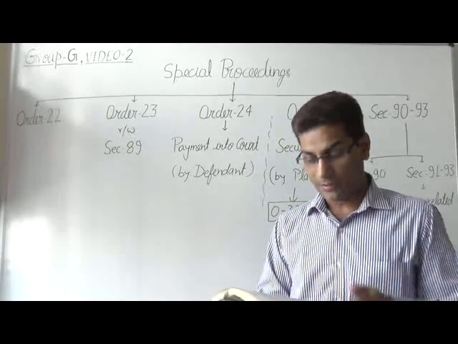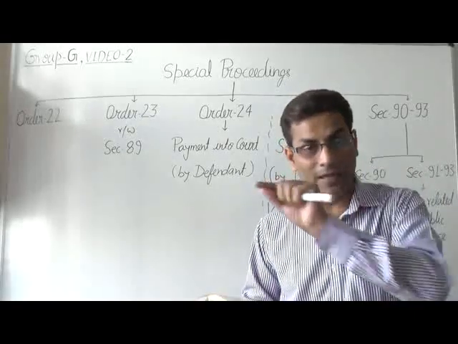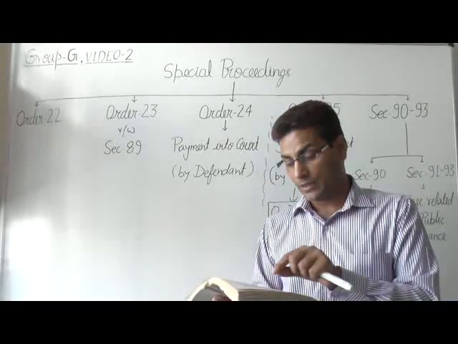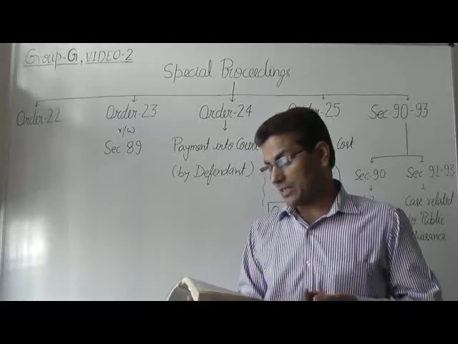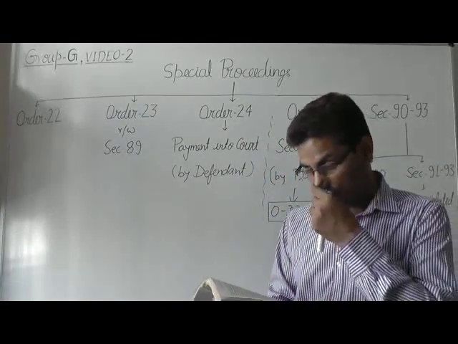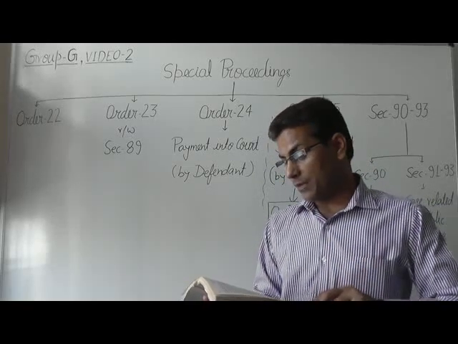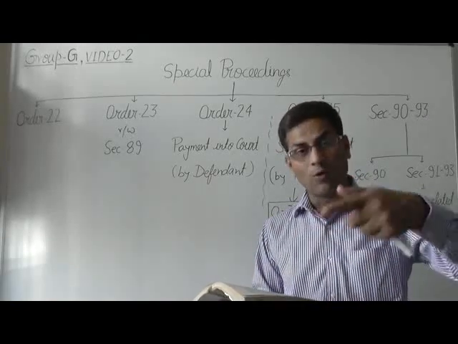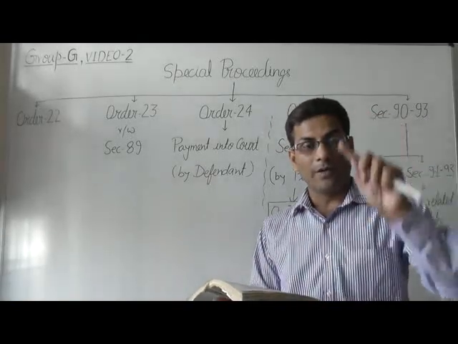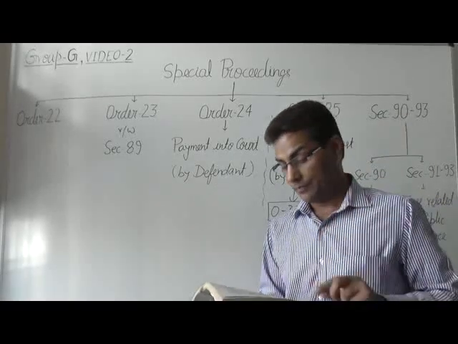Such an order shall be made in all cases in which it appears to the court that a sole plaintiff, or when there are more plaintiffs than one, all the plaintiffs are residing out of India.